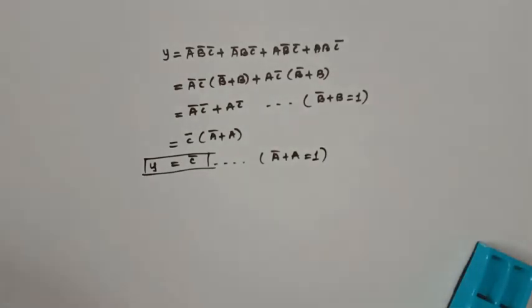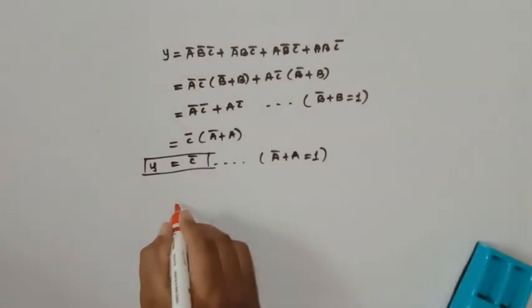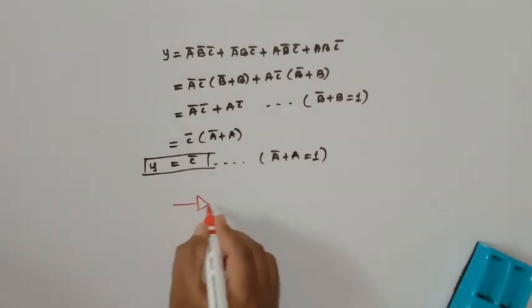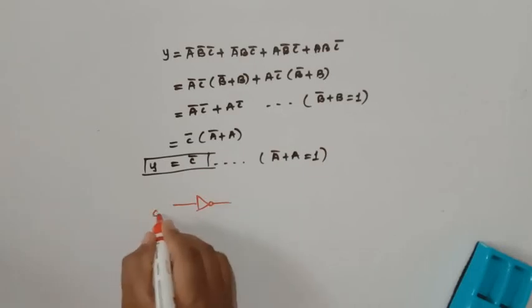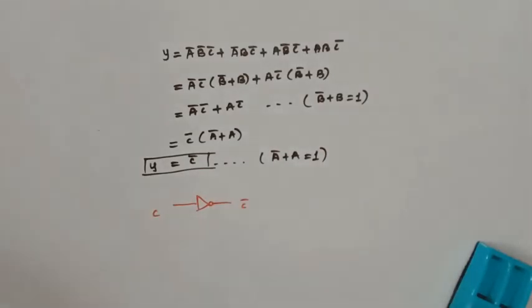If we draw the logic diagram for it, it is nothing but one inverter which has one input c, and we get the output c bar. So in this way we studied the simplification of Boolean algebraic expressions by using Boolean laws.